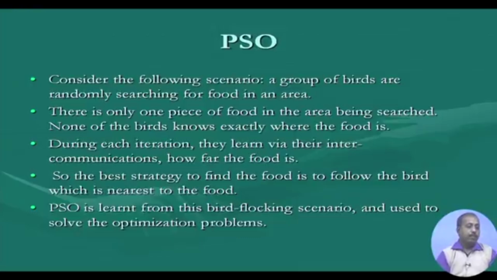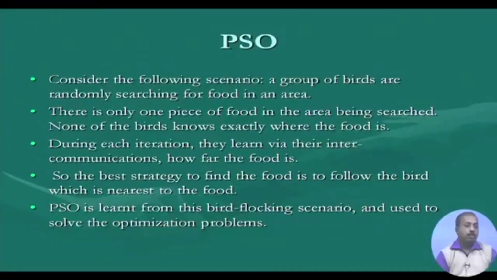However, a bird also has its own intelligence. It is flying for quite some time, so during that time it also has some idea about where the food was. So, it is guided by two factors. One is the information about the current best, then the history that the bird has seen during its fly through the space, and some inertia.